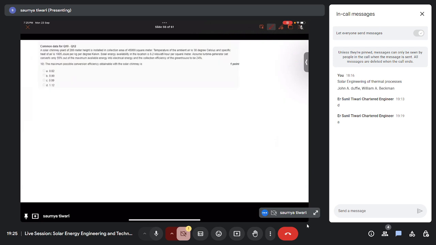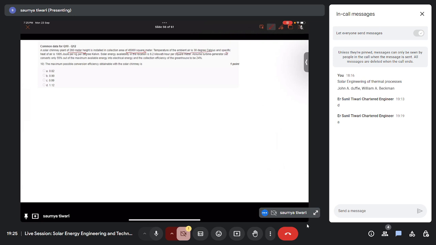Now, this is the question for solar chimney plant. Let's first solve this question and then we can go back to solving the lengthy question. Okay, so the solar chimney plant of 280-meter height is installed in a collection area of 45,000 square meter. The temperature of the ambient air is given 30 degrees Celsius.